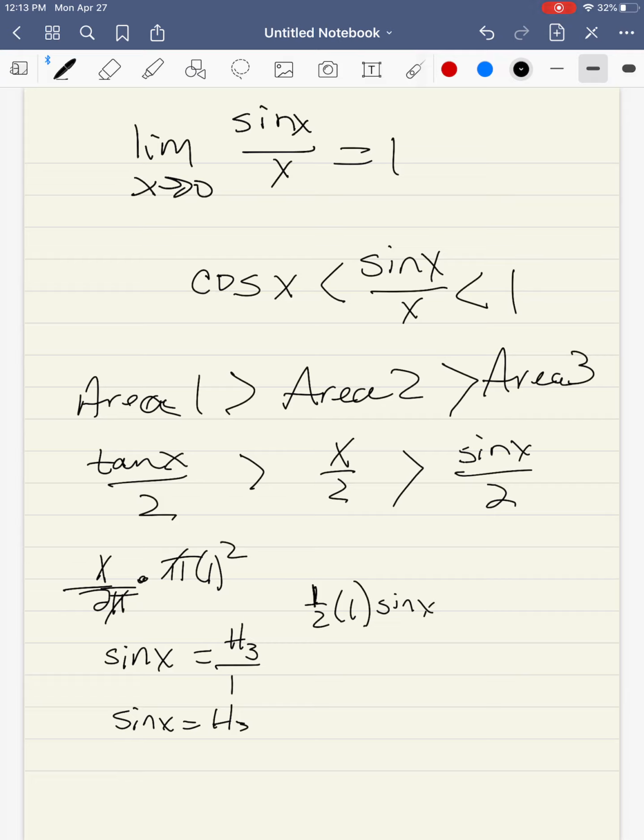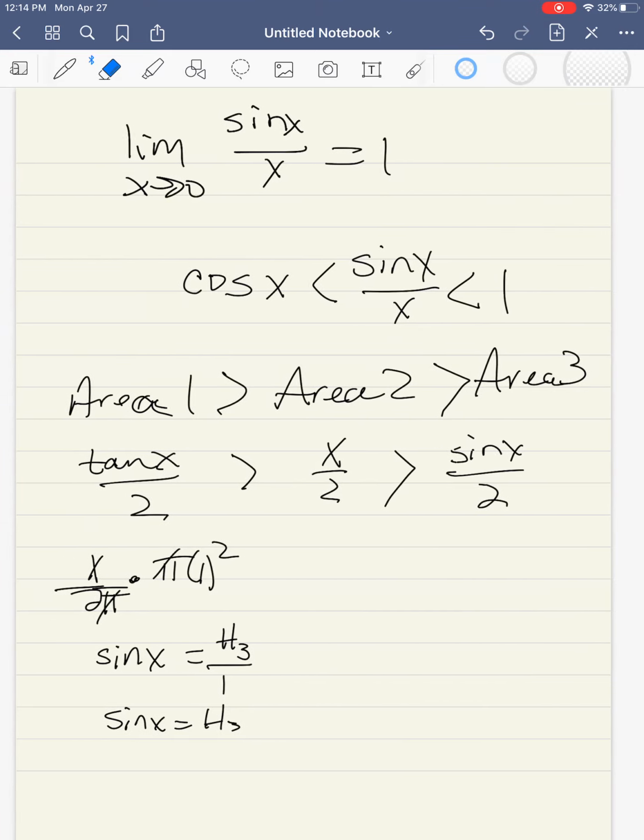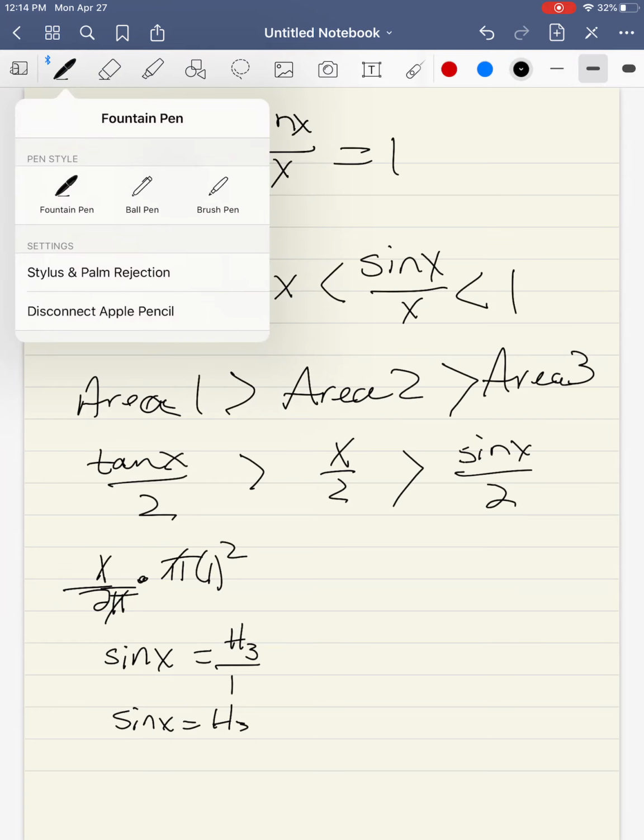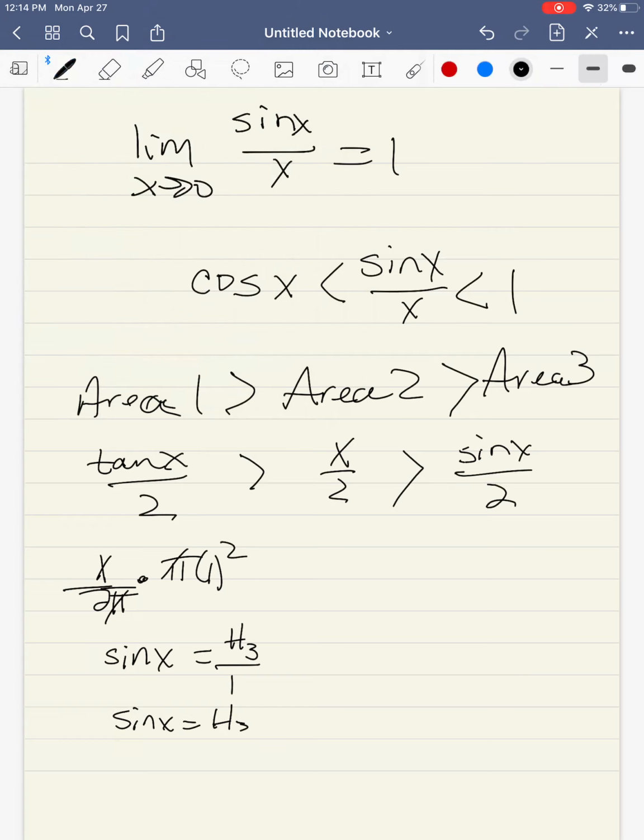All right, now I'm going to go ahead and erase this so I have more room in here. The next step is to multiply every term by 2, which will give us tangent of x, which we can rewrite as sine of x over cosine of x, is greater than x is greater than sine of x.